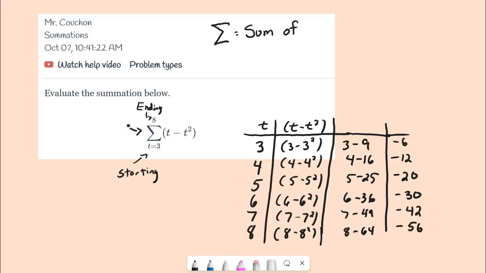All right, so now we have to get the sum of all these values. That means we're adding all of these, and I am going to use a calculator for this.